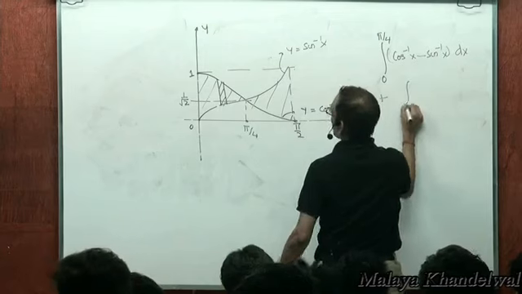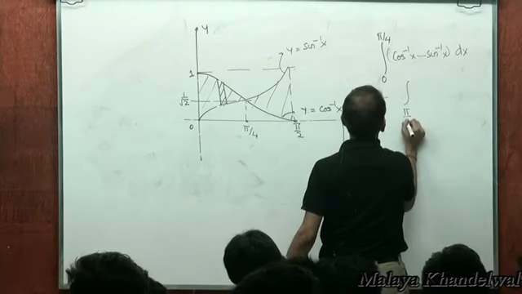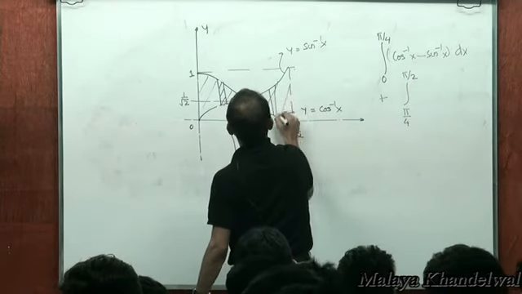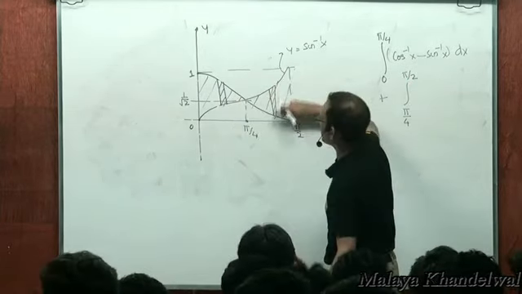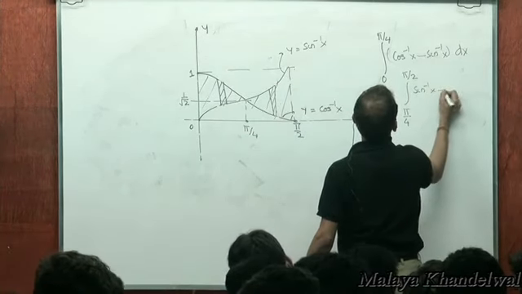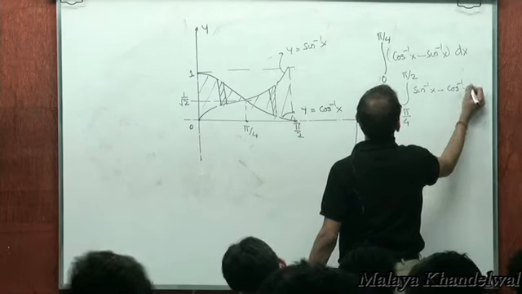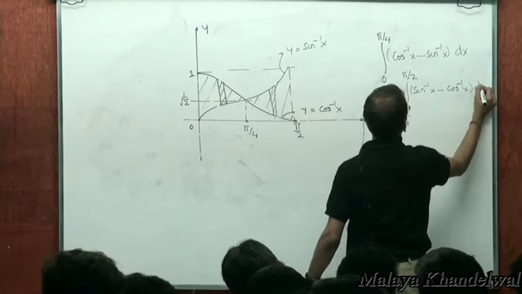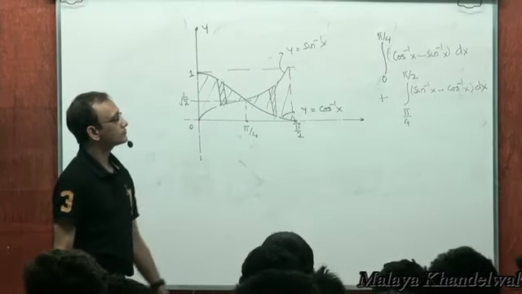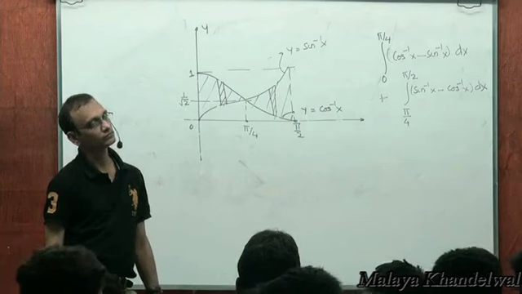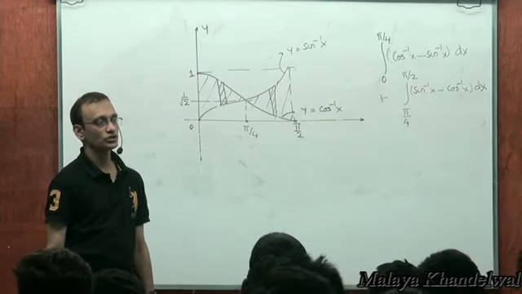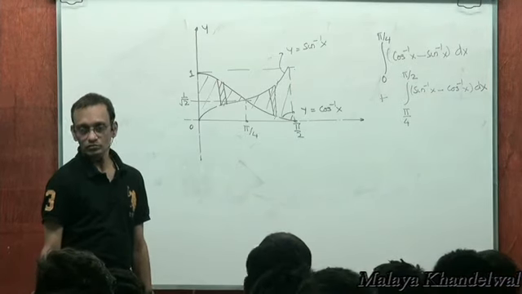And then from 1 by root 2 to 1, these strips are sine inverse minus cos inverse, times dx. This is what you need to do. Clear?